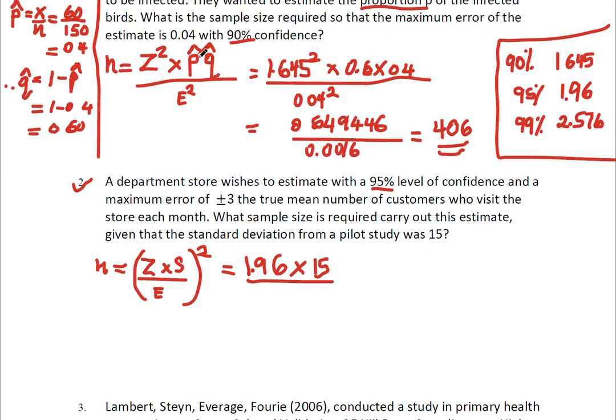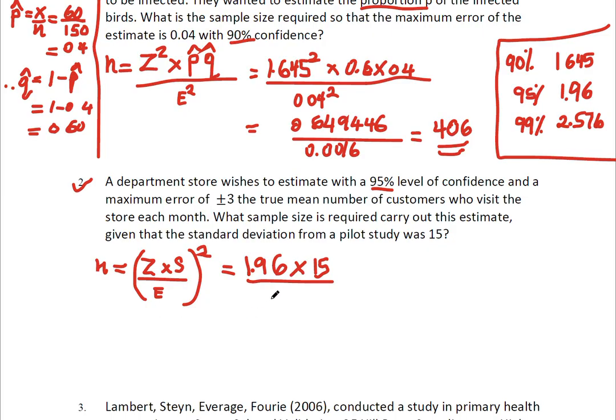Similarly, p-hat would normally come from previous literature or previous pilot studies that have been carried out. So that's where p-hat and S would normally come from for these calculations, either from previous literature or from a pilot study that is carried out.